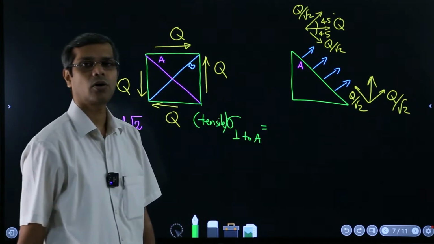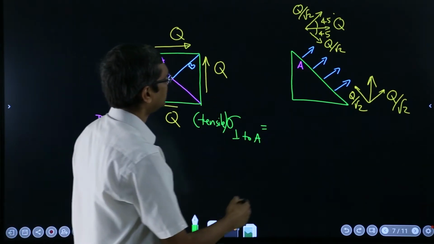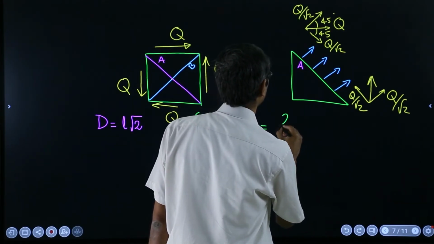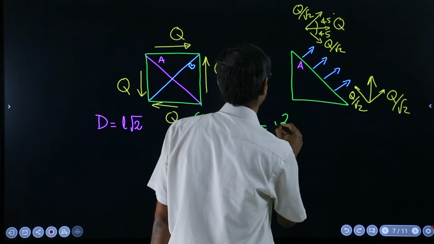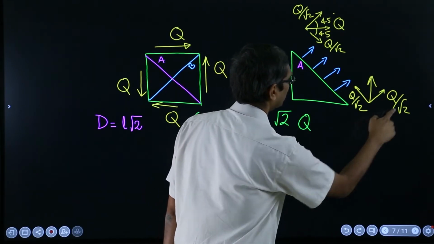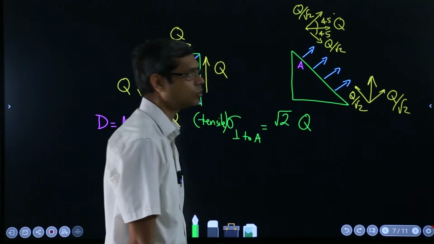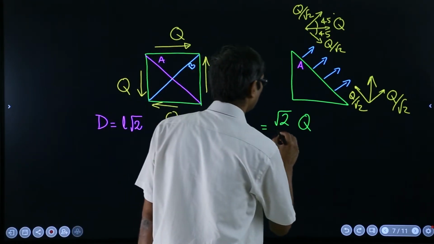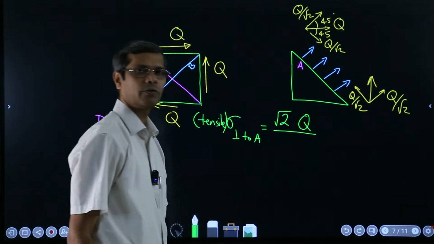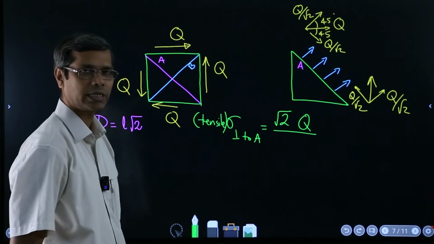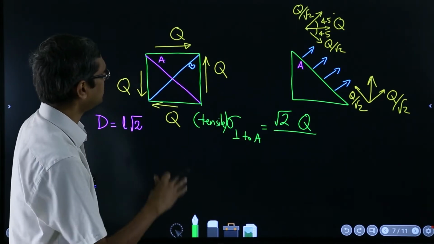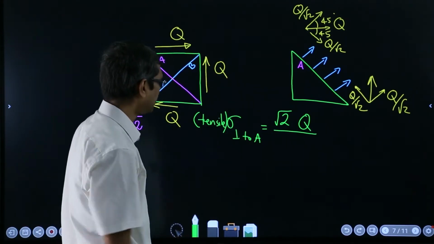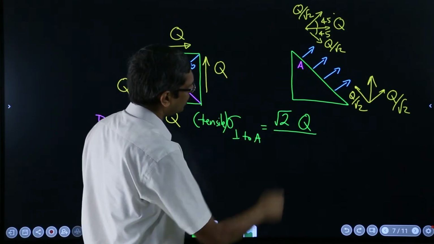Okay, tensile normal stress in this direction is equal to root 2 times Q, because Q over root 2 plus Q over root 2. So, root 2 Q, but what is the area on which it is acting? That is this A, area of the whole thing, times root 2.